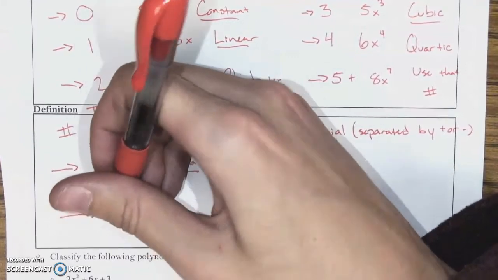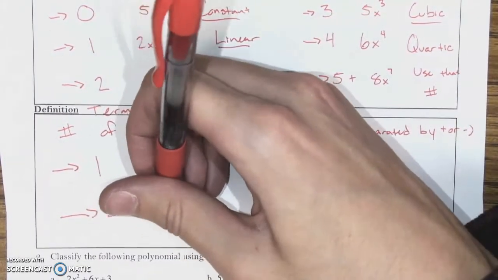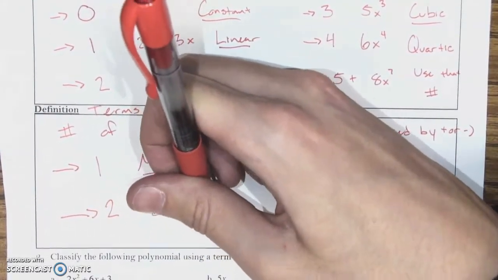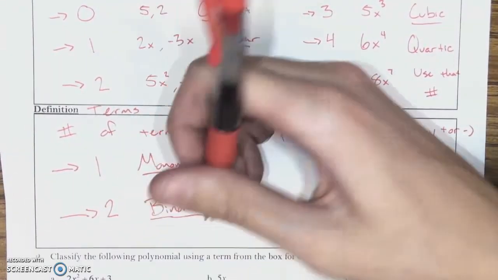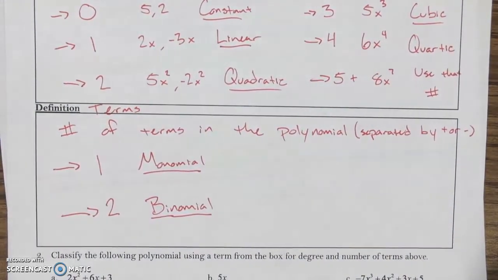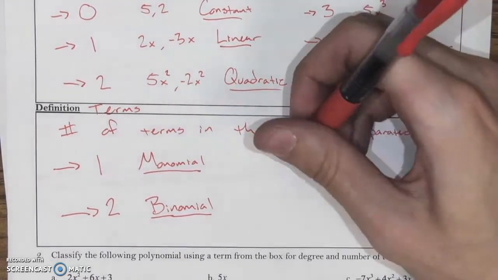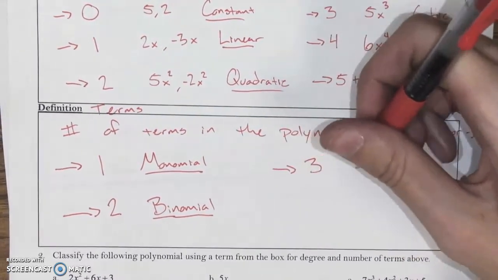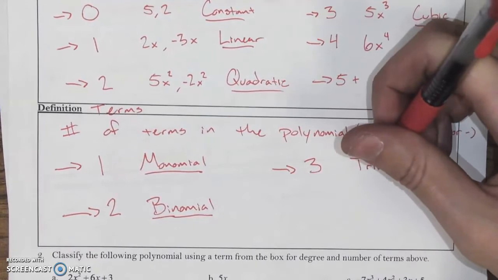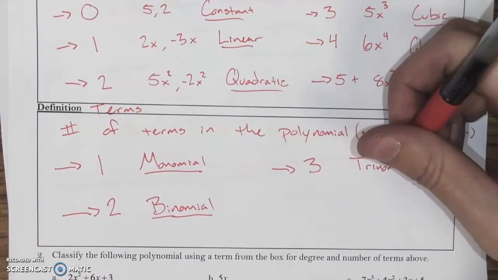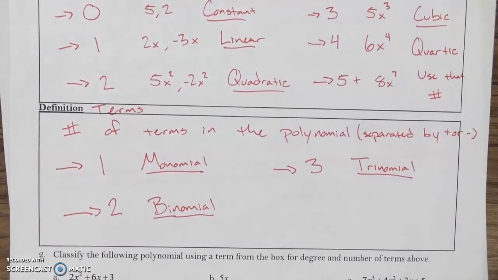If it has 2 terms, we call that a binomial. Again, the prefix bi, meaning 2. If it has 3 terms, we call that a trinomial. The prefix tri, meaning 3.